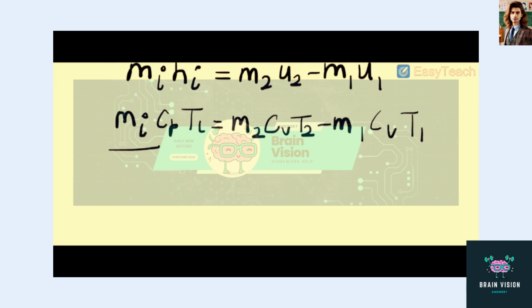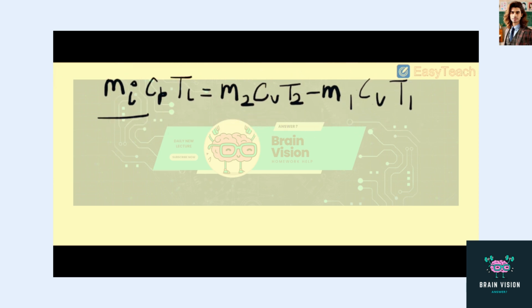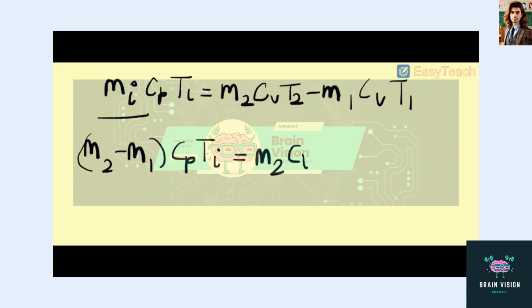We see that M2 minus M1 times Cp Ti is equal to M2 Cv T2 minus M1 Cv T1.